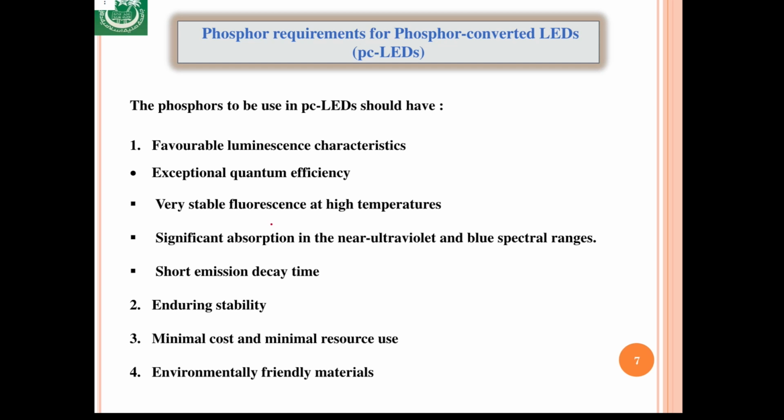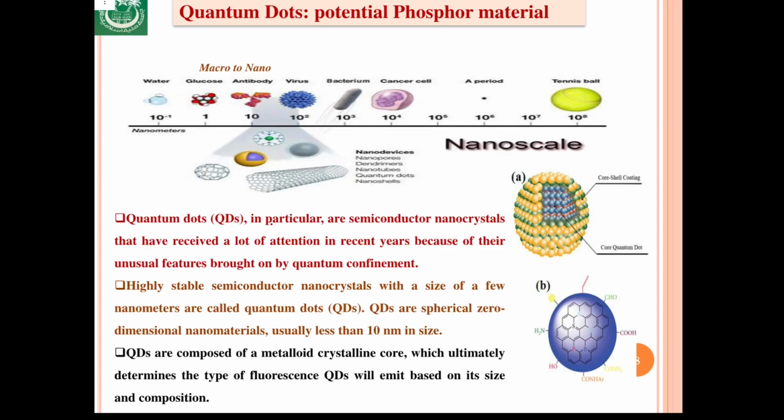And there is one more requirement that any phosphor material should fulfill, that it should be environmental friendly, so that it can contribute to the sustainable development of our world, especially to discover phosphors for lighting, which are suitable as fluorescent material and can be used for solid state lighting devices.